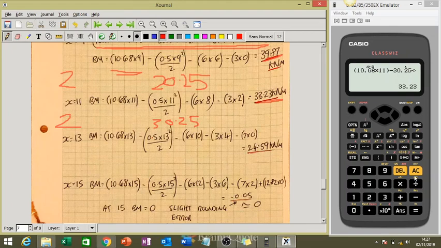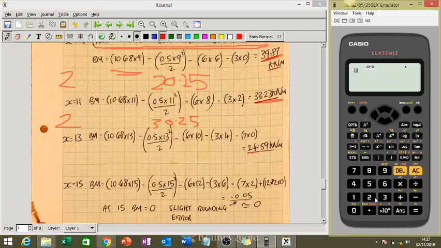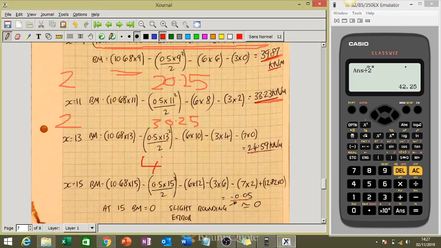So all that, right? 13 squared times by 0.5 gives me that. Divide that by 2 gives me 42.25. Obviously, you can stick it all in one go in a calculator.